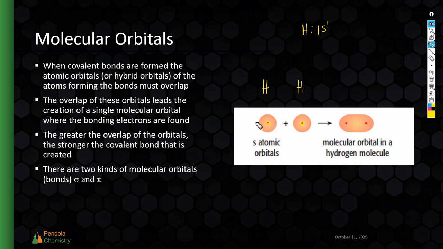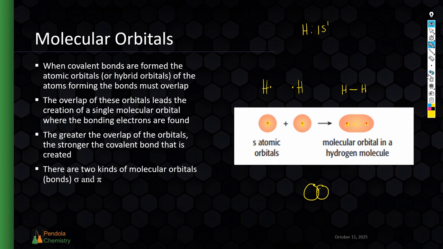There's no other orbitals for the s orbital to hybridize with. So we have the hydrogen with its 1s orbital, the hydrogen with the other s orbital. When hydrogens go to bond and form that bond between the hydrogen atoms, their orbitals meld together. They mesh together to form what we call the molecular orbital, and those electrons are now found in that molecular orbital. So this is the atomic orbitals. The atomic orbitals then, which are the s orbitals, overlap with each other, which is where those electrons are going to be shared.